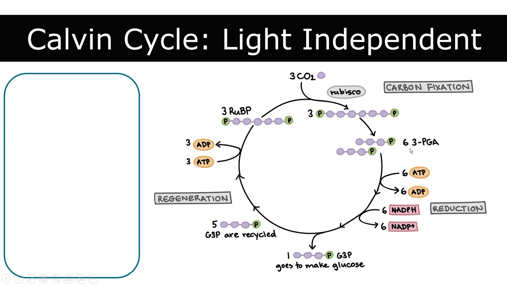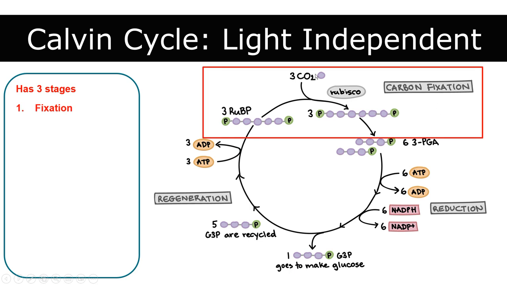The Calvin cycle has 3 main components, right? Fixation, where I'm taking carbon dioxide out of the air and putting it into a physical, non-gas chemical. That's what it means to fix something: I'm taking a gas out of the air and putting it into a chemical that is not in a gas form. So the first stage is fixation, where Rubisco is taking carbon dioxide out of the air and combining it with something.